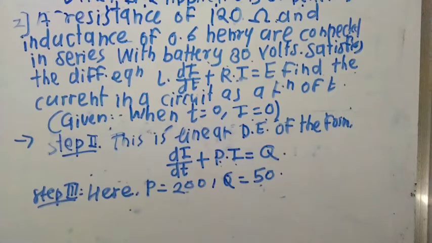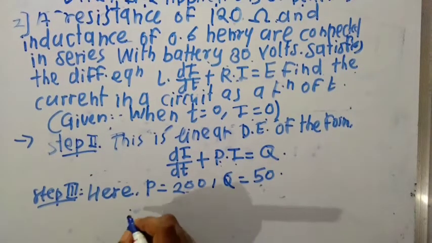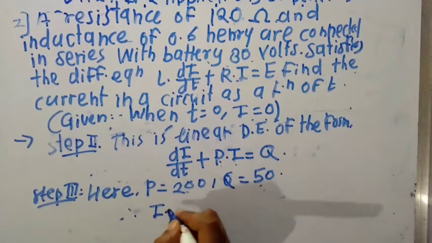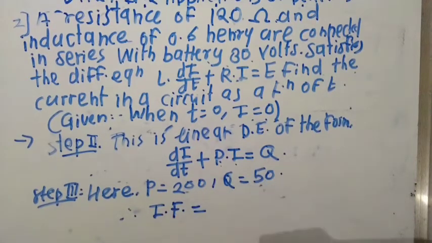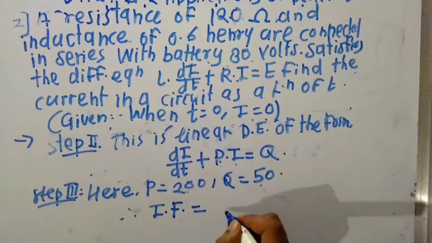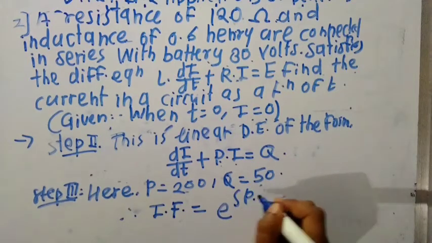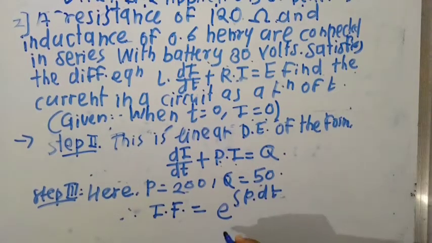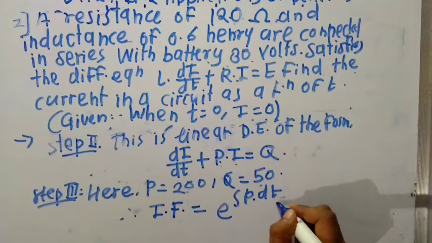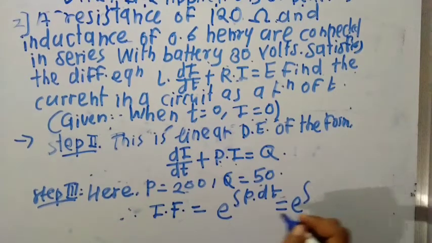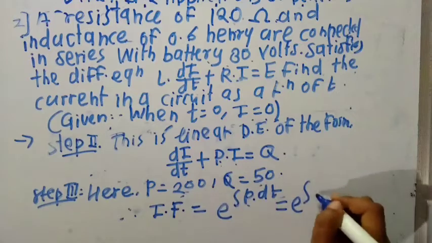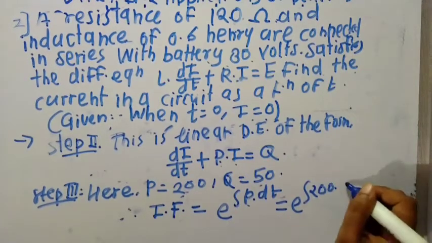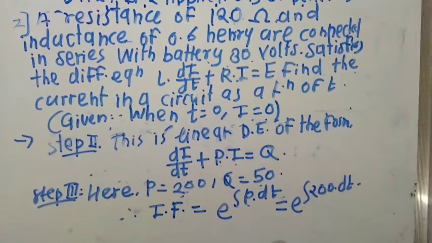So first of all, find out the integrating factor, which is equal to e raised to integration of p dt, which is e raised to integration of 200 dt.